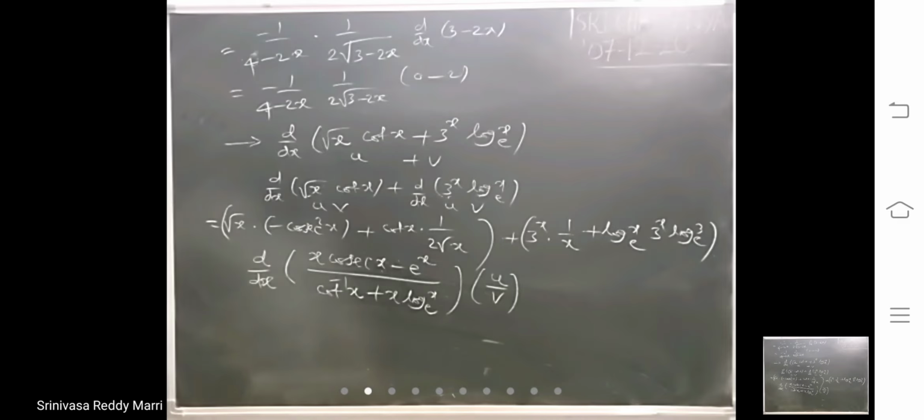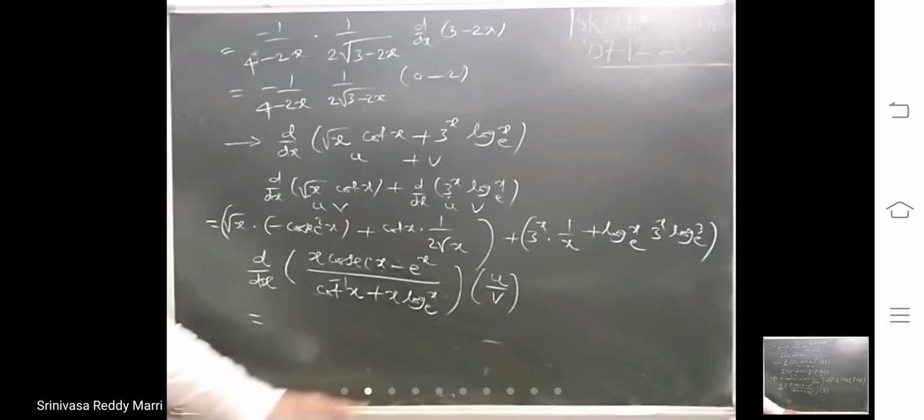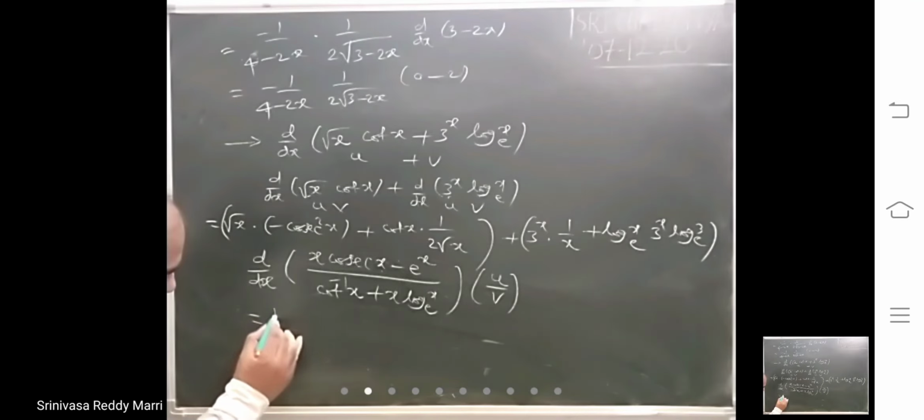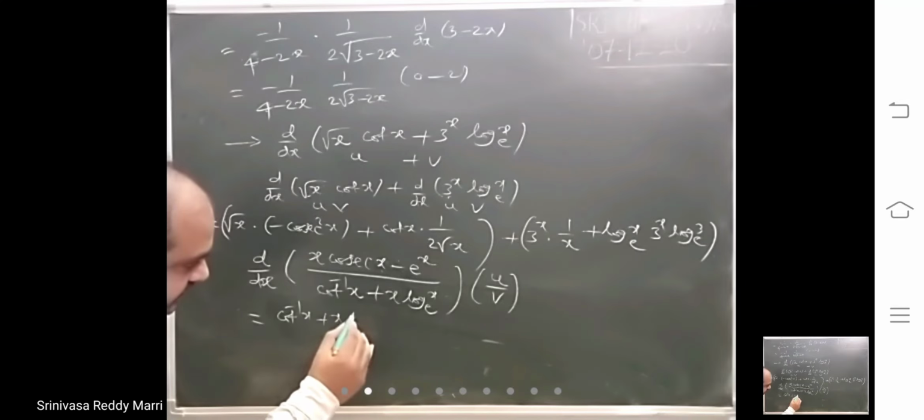Quotient rule, what I told. So v into, you see the quotient rule formula: v into the derivative of u. V means this one, cot inverse x plus x log x.